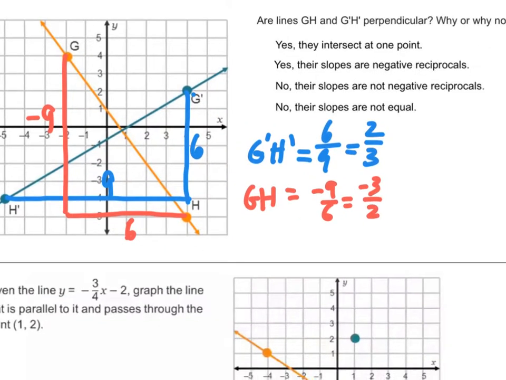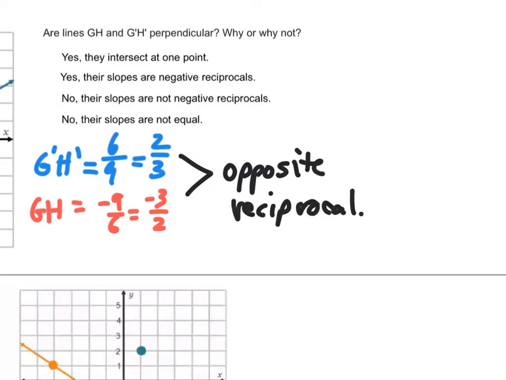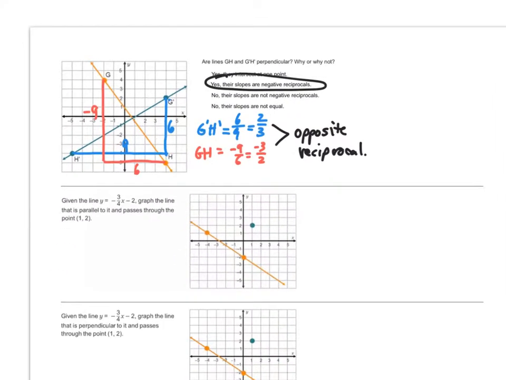These two different slopes are opposite reciprocals, and that means the lines are perpendicular. So are they perpendicular? Yes, their slopes are negative reciprocals, and that's what we're looking for. All you have to do is just draw a picture.